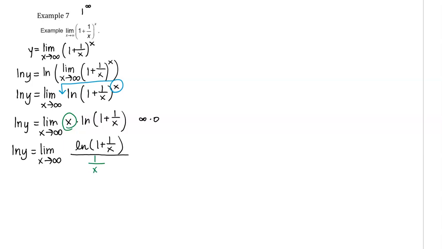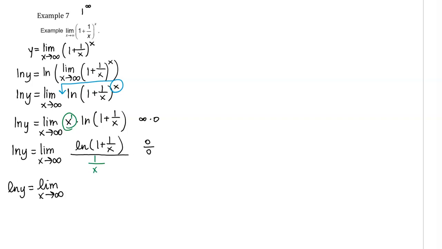So essentially it was an x to the positive 1 in the numerator, and I rewrote it as an x to the negative 1 in the denominator. The reason I did that is because now if I apply direct substitution, we have the indeterminate form of 0 over 0. So now we are able to use L'Hopital's rule in order to evaluate the limit on the right-hand side.